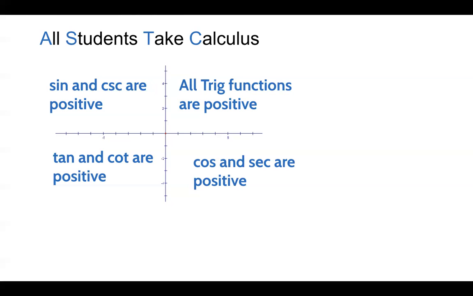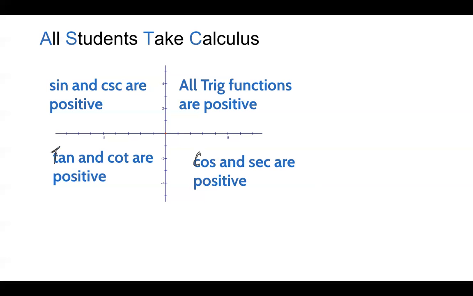If it's in the second quadrant, sine and cosecant are positive. And if it's in the third, tangent and its cousin cotangent are positive. And C, calculus, cosine and secant are positive. So you know that if you're in the fourth quadrant, everything's going to be negative except for cosine and secant.